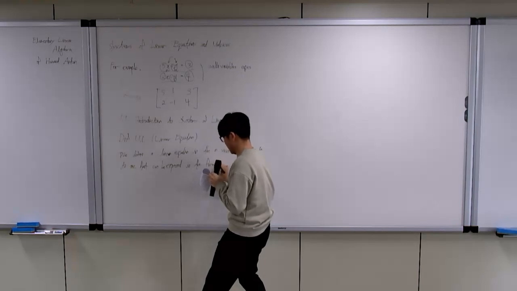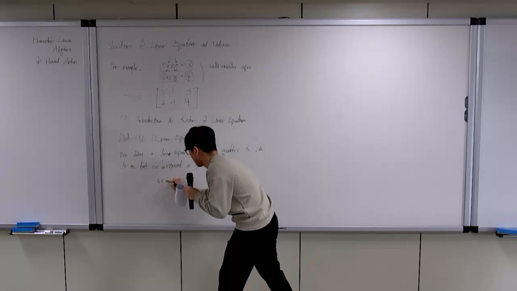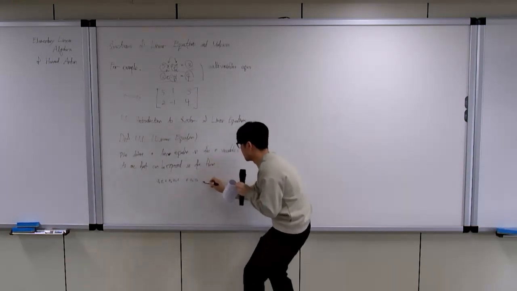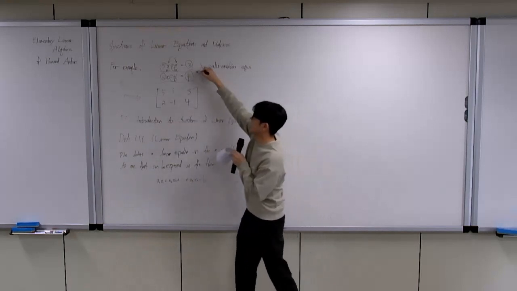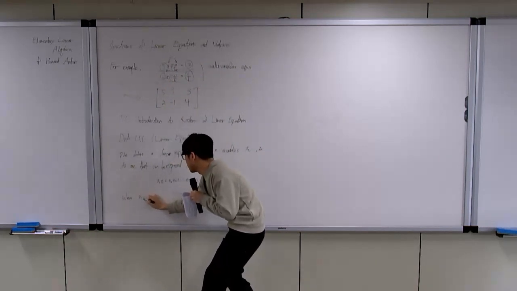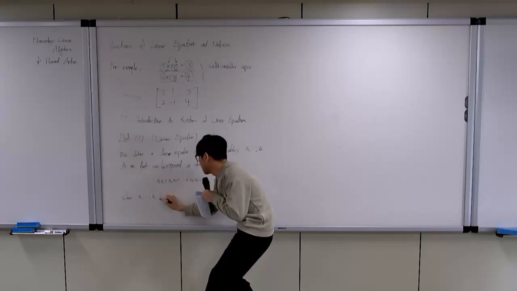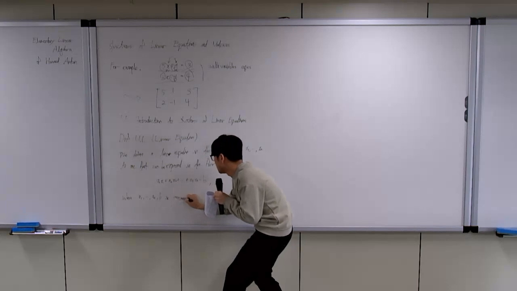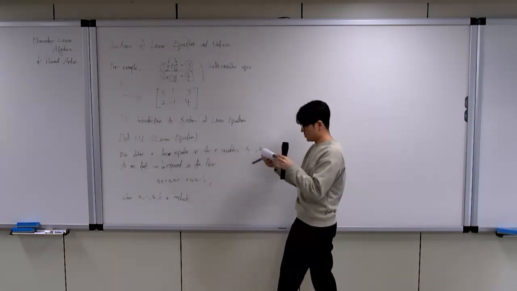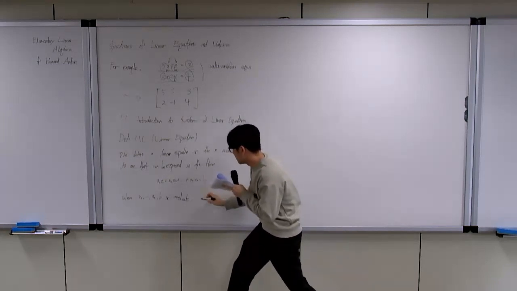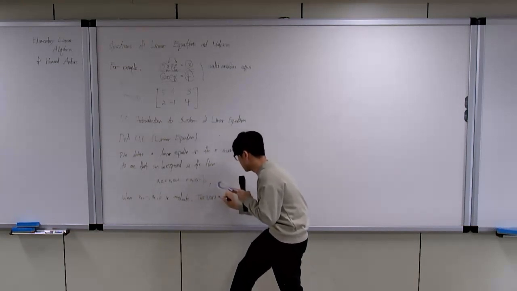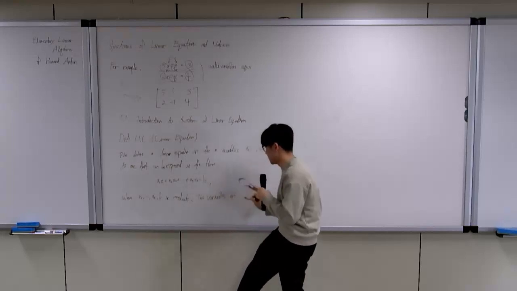in the form a1 x1 plus a2 x2 plus continuing to an xn equals b. Here a1 to an and b are constants, and the variables are called unknowns.